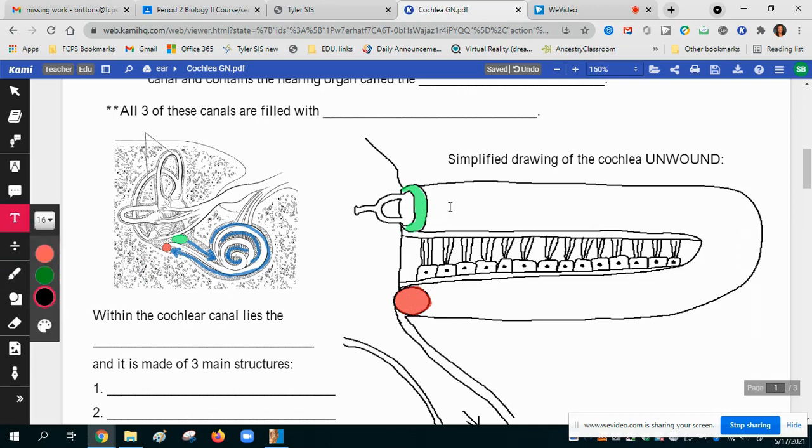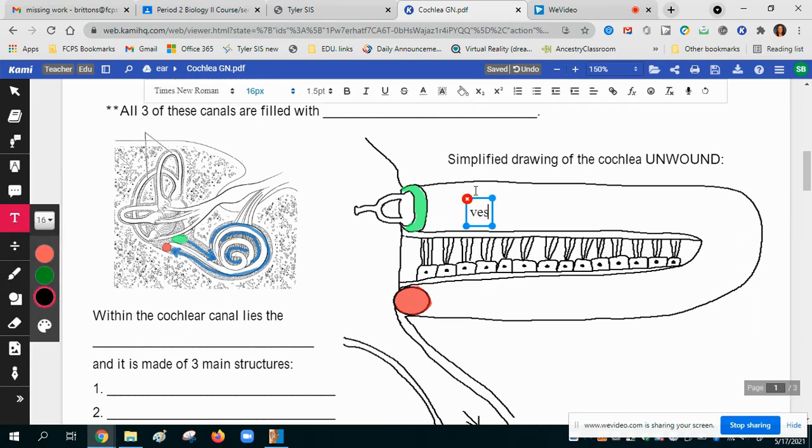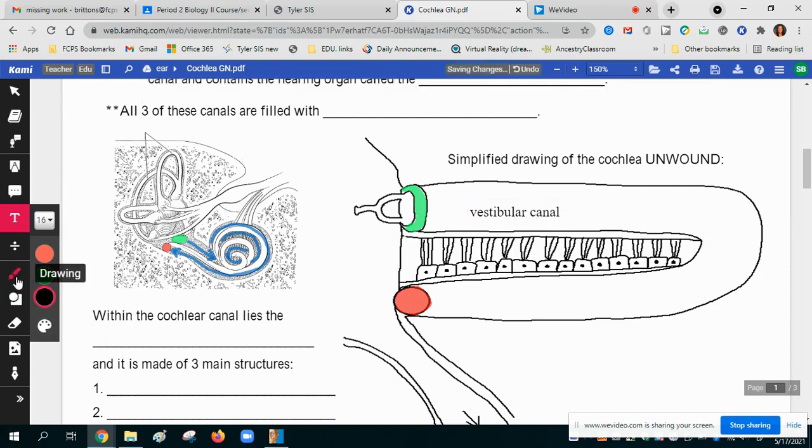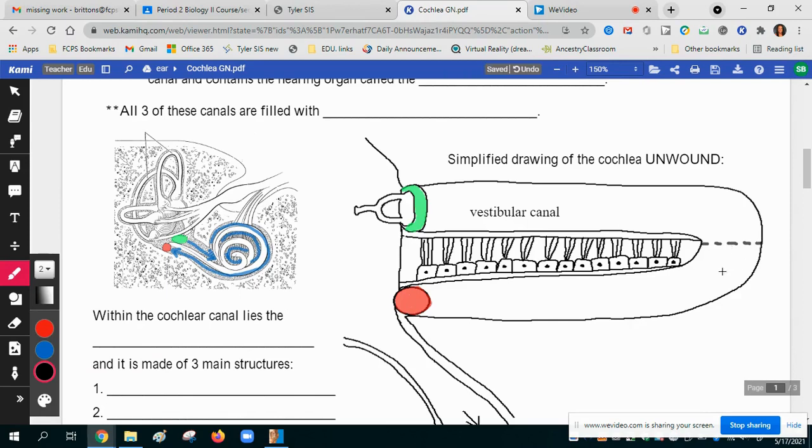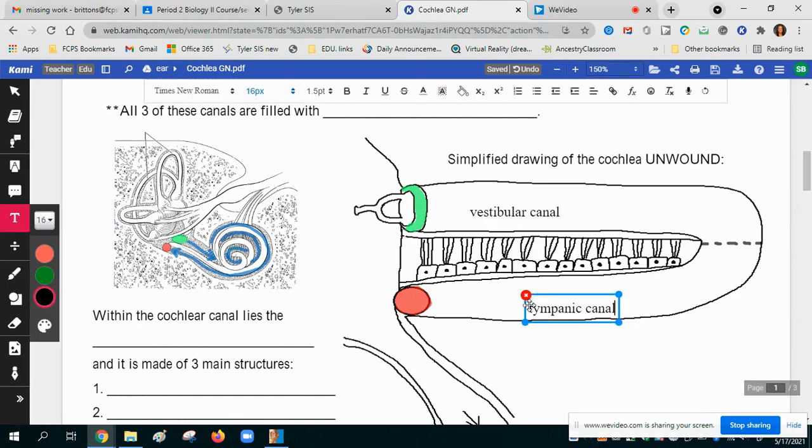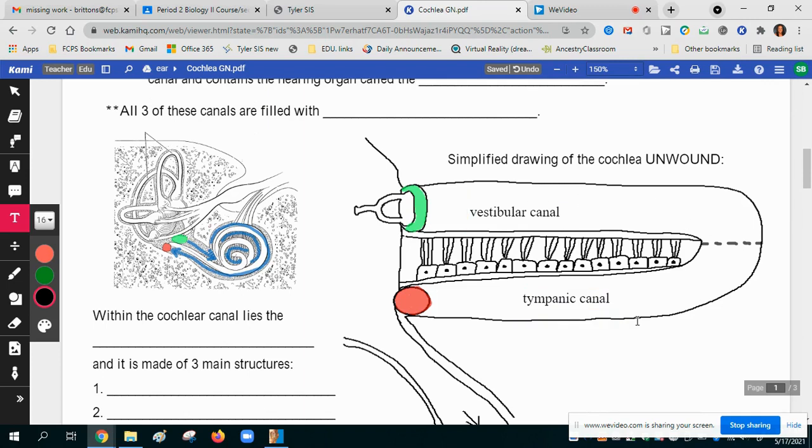So this first area is the vestibular canal. And as soon as we cross the center line at the center of the cochlear spiral, as soon as it starts to head back the direction it came, we change its name to the tympanic canal. Keep in mind, it really is just heading in a different direction.